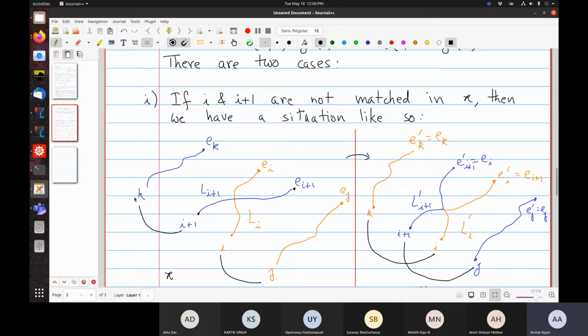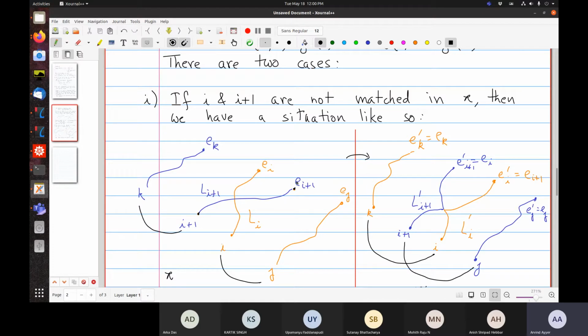So here we would compare k with I plus 1. So we would compare ek with ei plus 1. And here we would compare e prime k with e prime I. But e prime I is exactly ei plus 1. So here you are comparing ek with ei plus 1, and here you are comparing e prime k with e prime I, which is again ek with ei plus 1. So the comparison does not change for k.